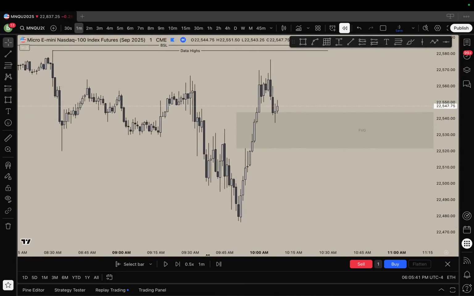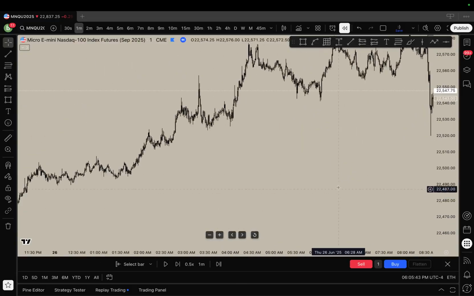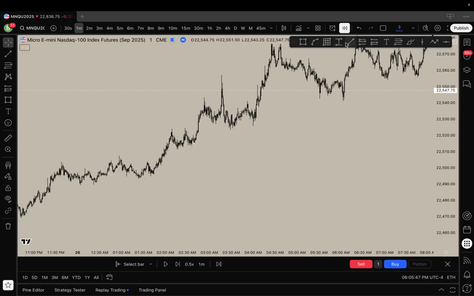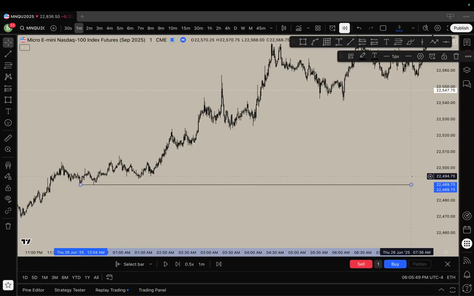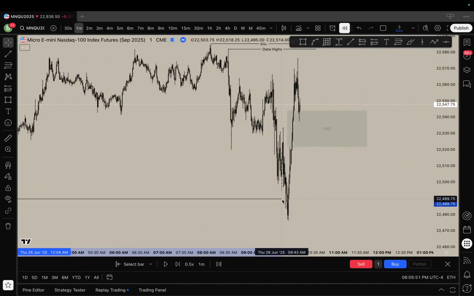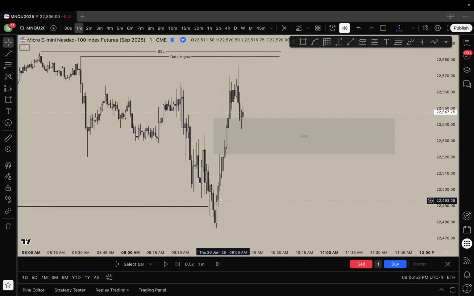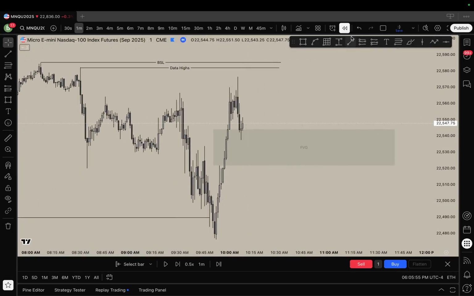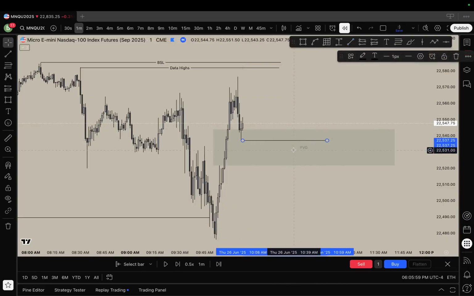Because why? We've already swept liquidity to the left of us all the way over here, right? So we've already swept out this liquidity pool here, okay? So it's not necessary for price to go down and sweep more liquidity. This is going to be a rebalance in price. And this low is going to be protected until the external target has been taken, right?